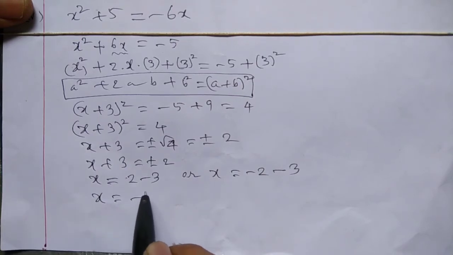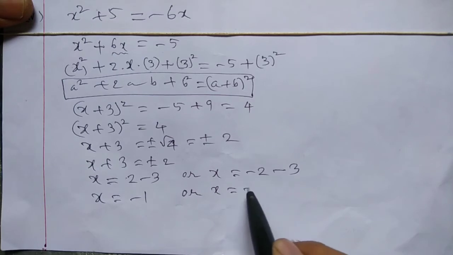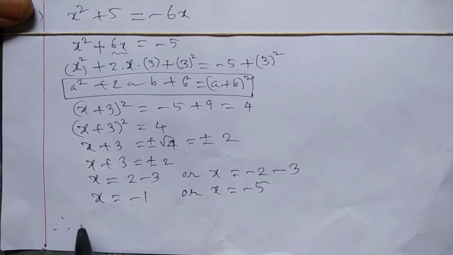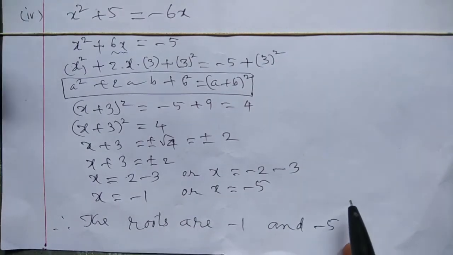Here x is equal to minus 1, or x is equal to minus 5. Therefore, the roots are minus 1 and minus 5.